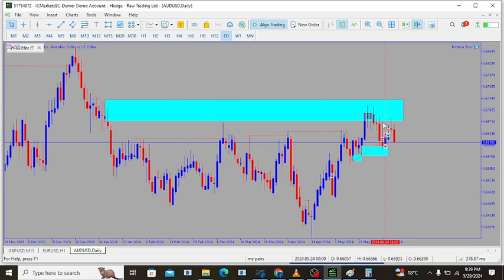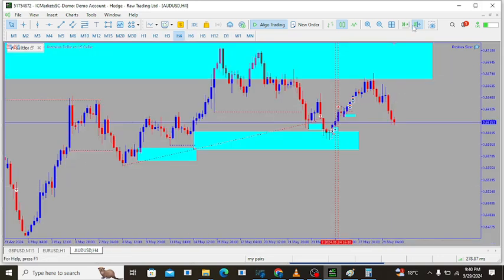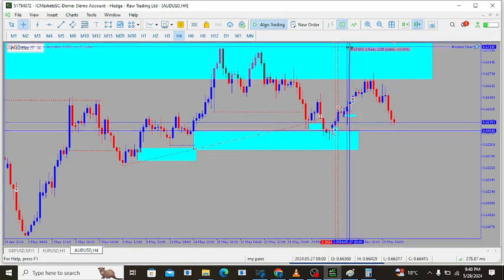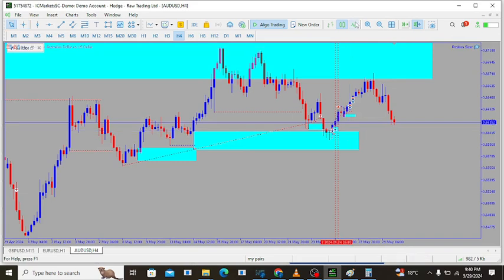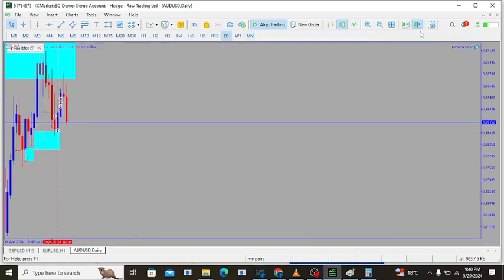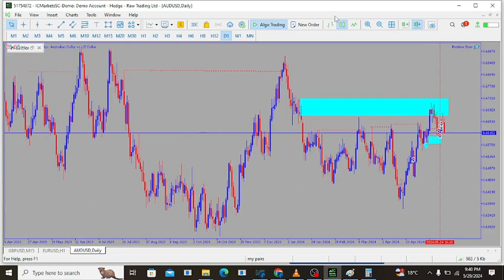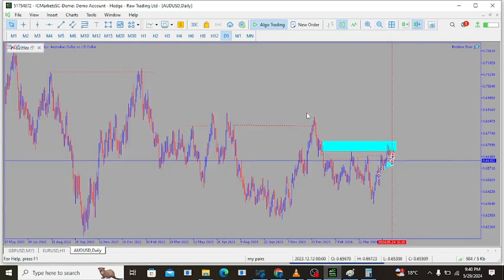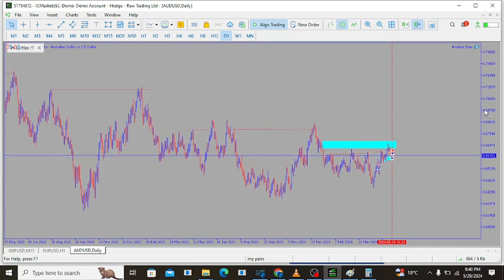If the price continues bearish, you see. Another thing, I would not have held this trade until this high, because I think, in my humble opinion, we need to continue, because everything points toward bearish.